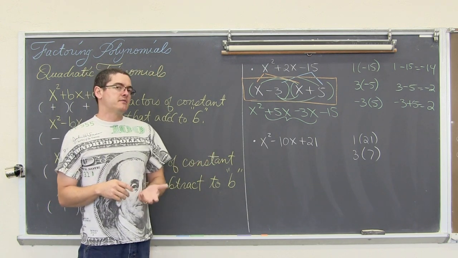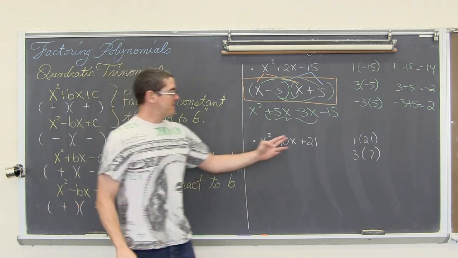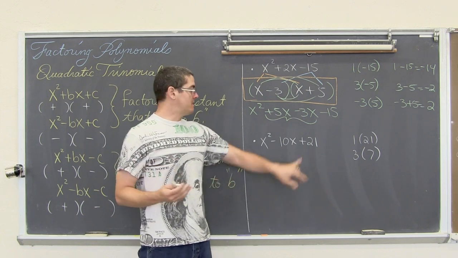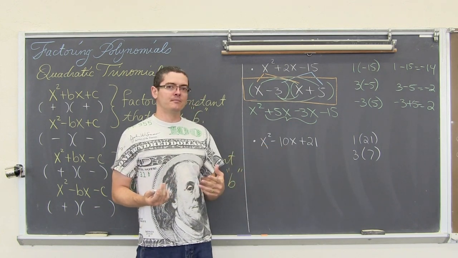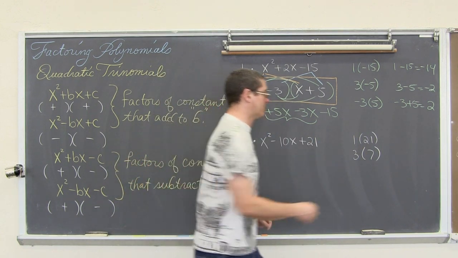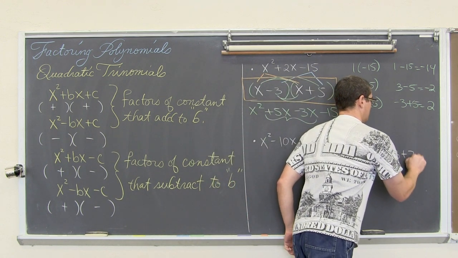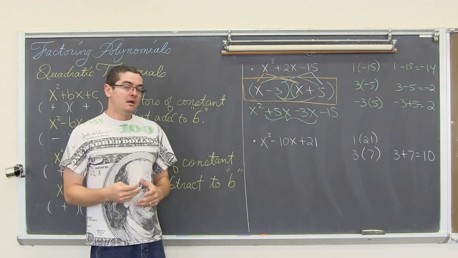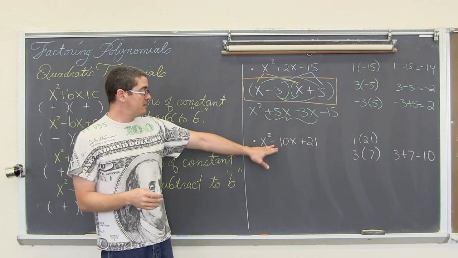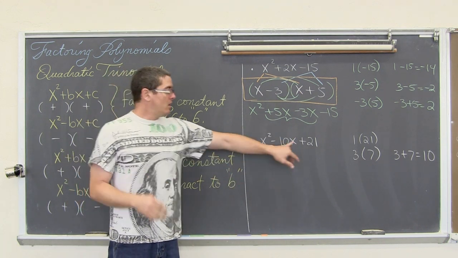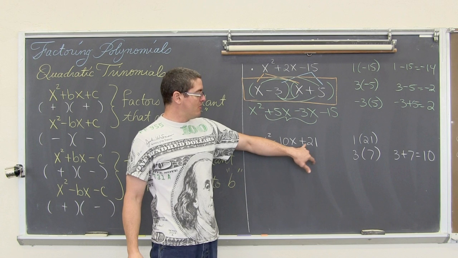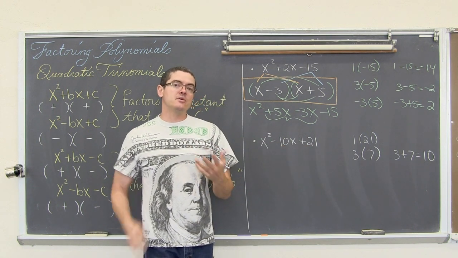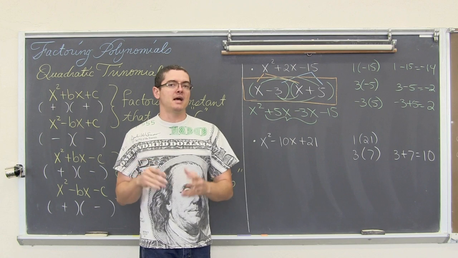Now, I'm writing all positive numbers, and when I said my constant was positive, we need a set of factors, and they also need to add to that middle term. Well, I can't add two positive numbers and get a -10. I have the 10, but it's negative. Well, to do multiplication and get a positive number, you need those two factors to have the same sign.